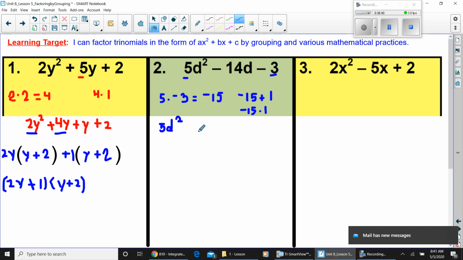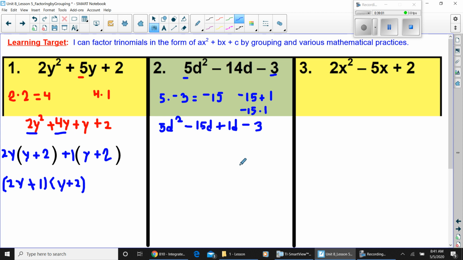I am going to split up the middle term, since I know that negative 15d plus 1d equals negative 14d. Those are my factors.